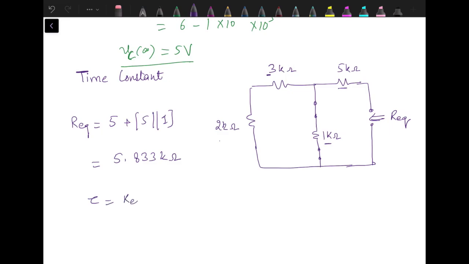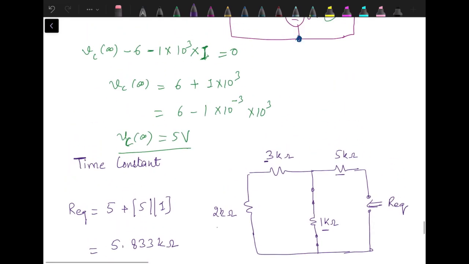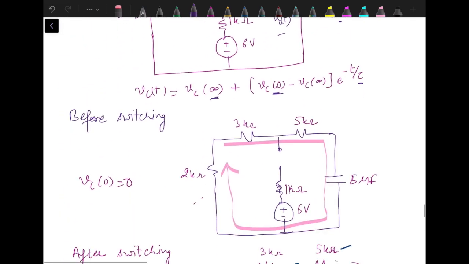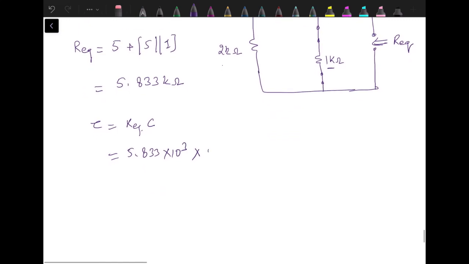Tau is R equivalent into C, 5.833 into 10 raised to power 3. The value of capacitance is 5 microfarad, 5 into 10 raised to power minus 6. So it is 41.667 into 10 raised to power minus 3 seconds.